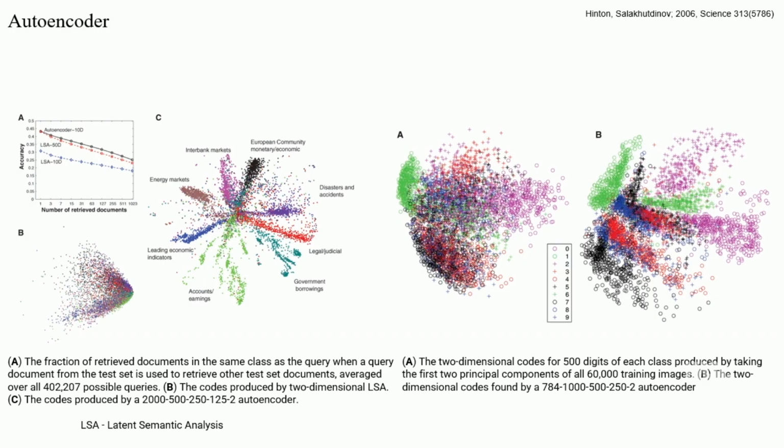So it's essentially handwritten digit recognition. I think there are 70 or 80,000 digits written by random people, and it tries to learn the weights, right? So this is through a PCA, principal component analysis of that, and this is through an autoencoder. So you can clearly see that there is an advantage.